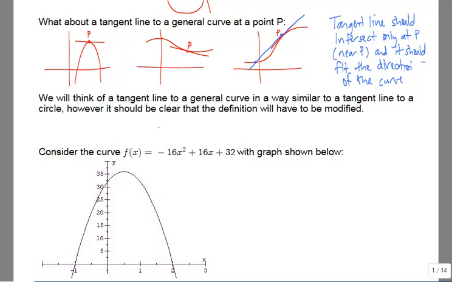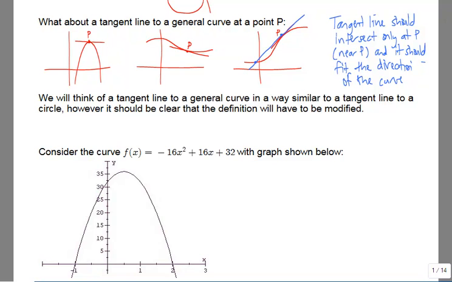So headlights of a car on a dark night are fitting the direction of the curve, and they're acting like a tangent line. So that's what we want to maintain when we think about what is a tangent line to a curve. It should fit the direction of the curve, point us in the direction we're supposed to go, and it should only intersect our curve at that point P when we're talking about a small window around P.